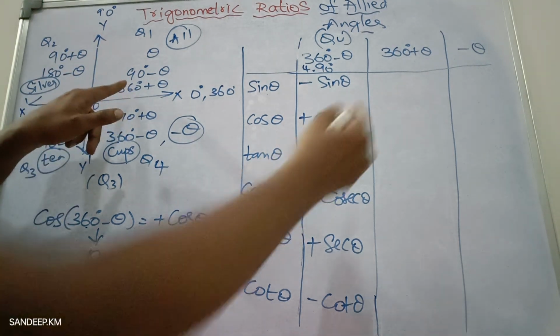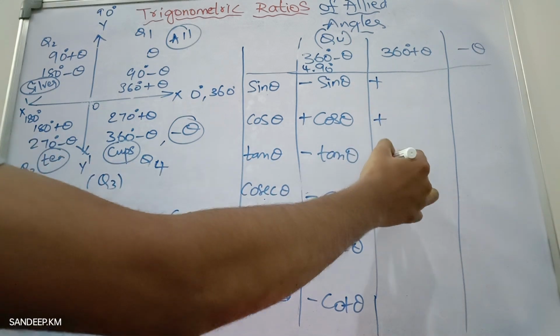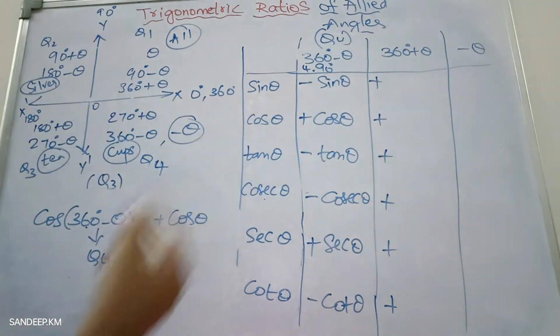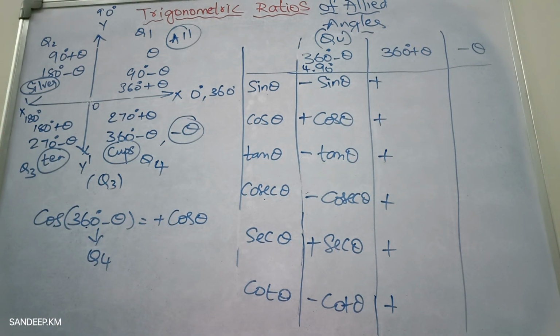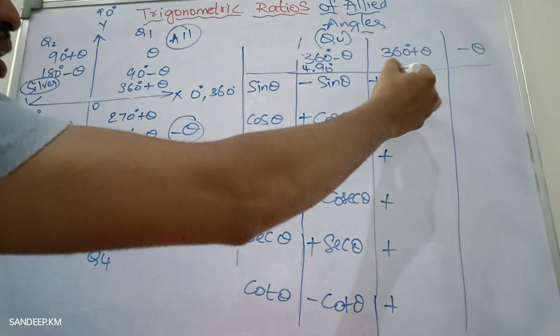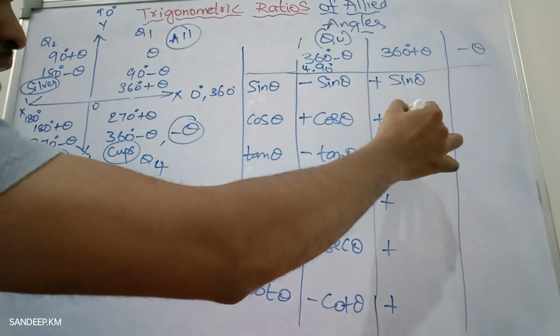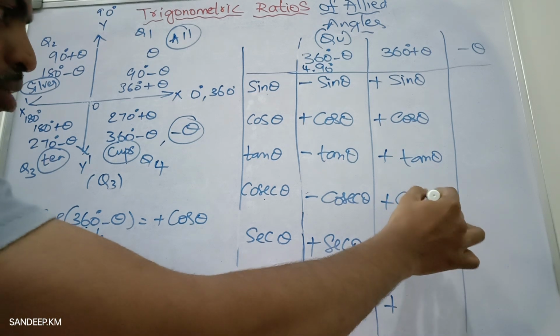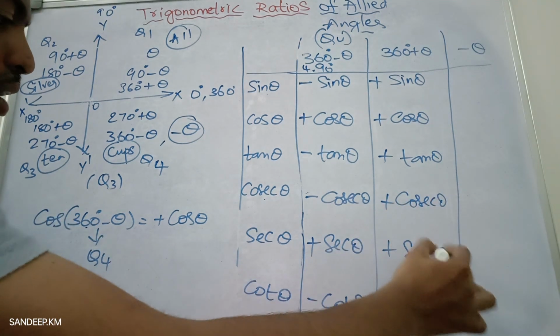In the first quadrant, all trigonometric ratios are positive. And at the same time 360 degrees is an even multiple of 90, so there is no change. So sin remains sin, cos remains cos, tan remains tan, cosec remains cosec, sec remains sec, cot remains cot.